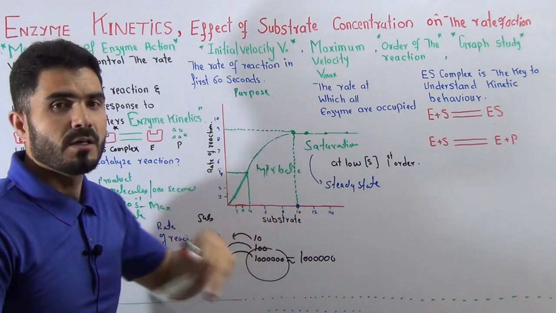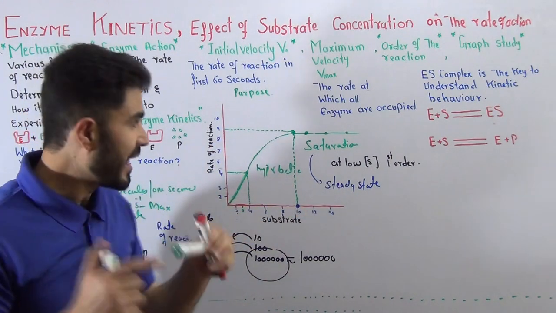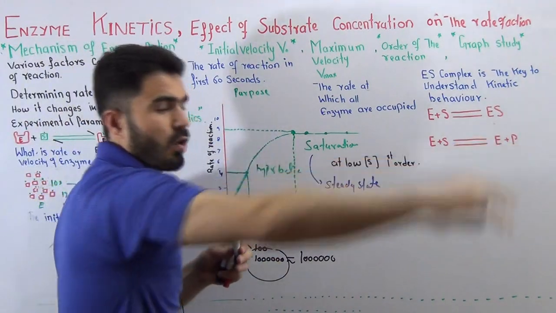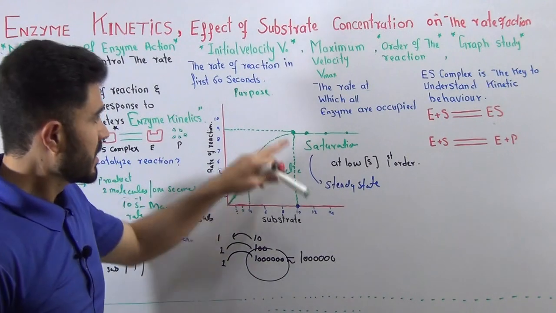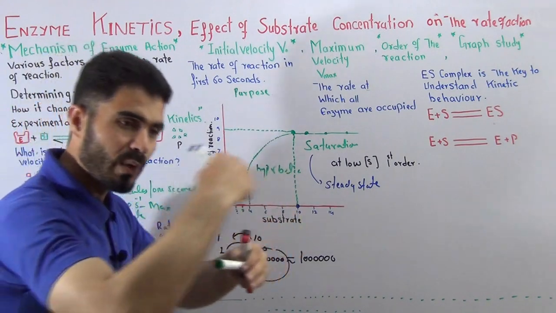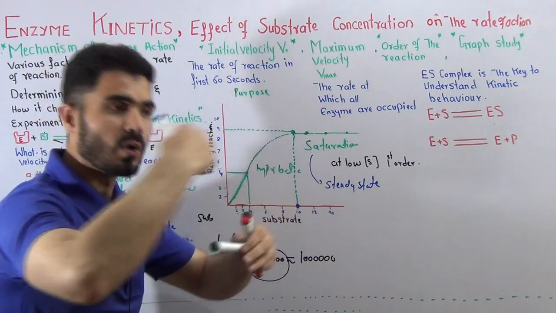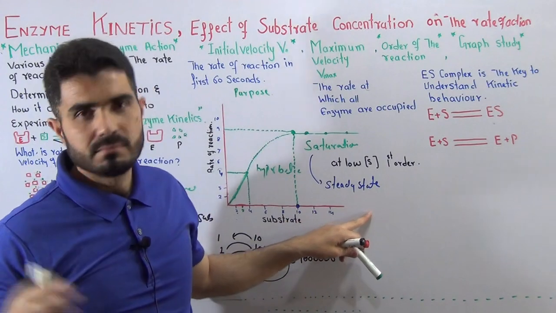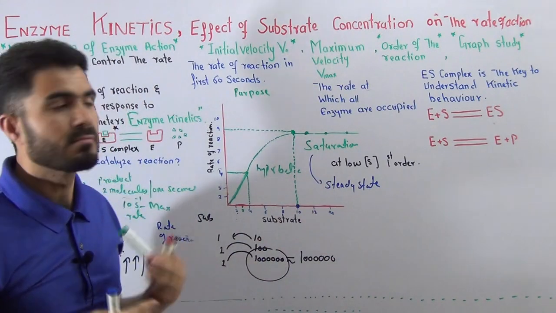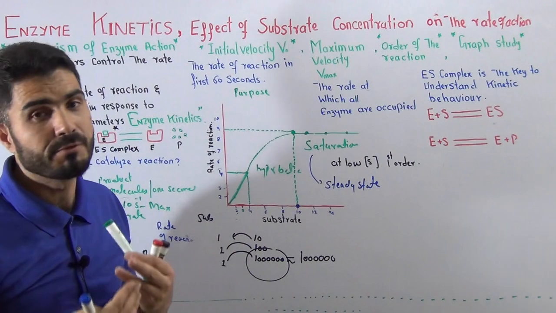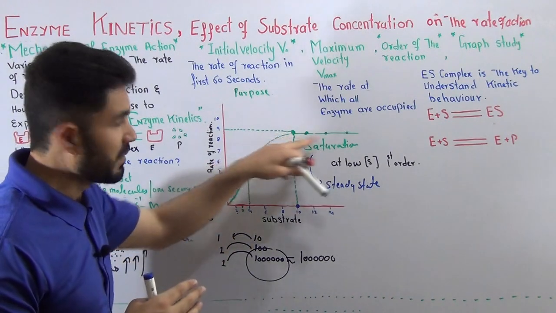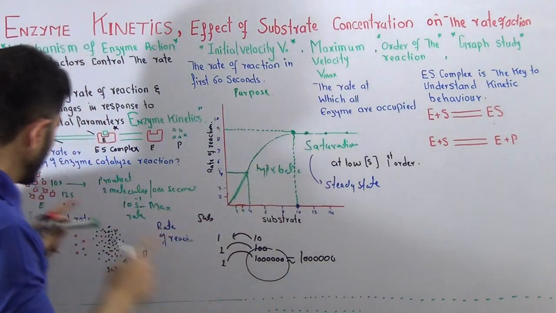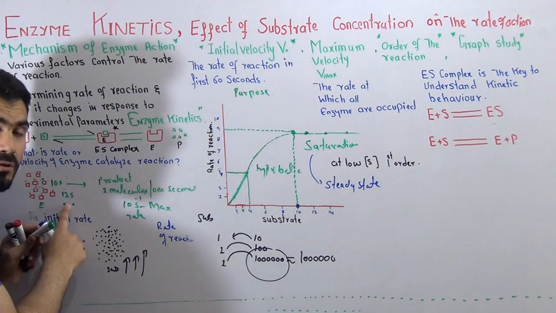After the 10, we did not notice any further increase in the rate of reaction, but the rate remained almost constant. This reaction will keep going and going. Of course, time will also be consumed, 1 minute, 2 minutes, 3 minutes, 15 minutes, 20 minutes, but the reaction will be like this as long as you have a large amount of substrate.